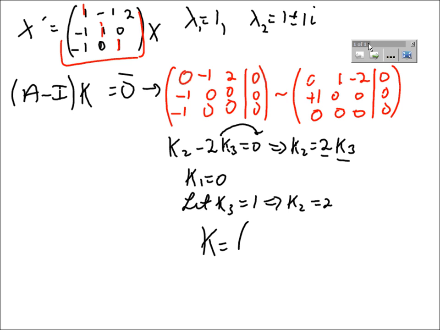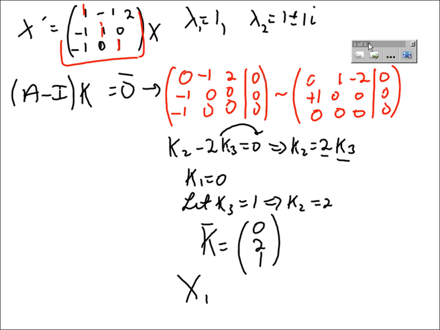So now I know K is little k1, little k2, and little k3. Now I have k.